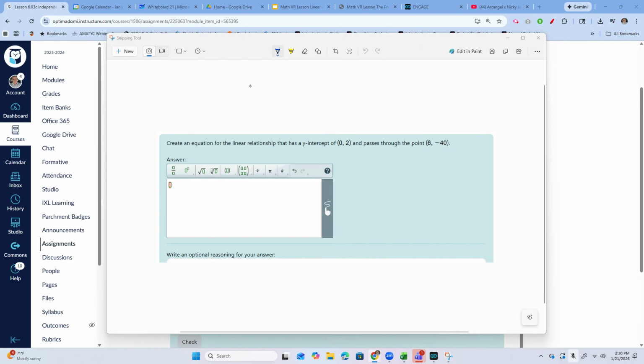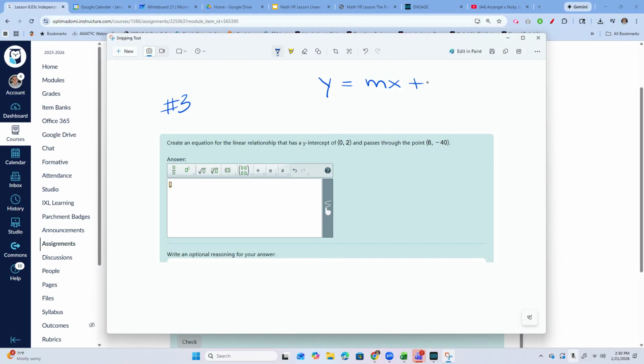All right, this question here is number 3, okay? I'm not doing it in the same order as you will see it in the assignment. Again, I'm finding the equation of the line, slanted lines that look like this, y equal mx plus b. Remember, we're looking for two numbers, the value of b and the value of m.